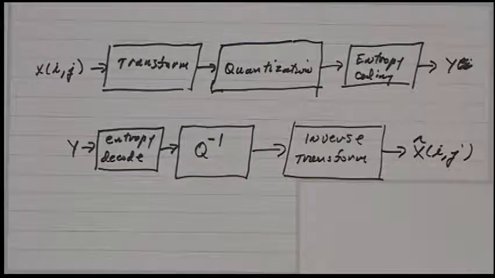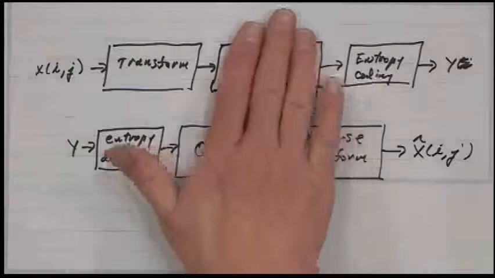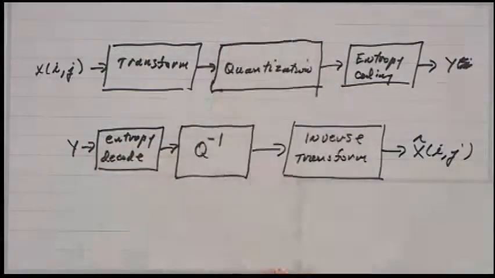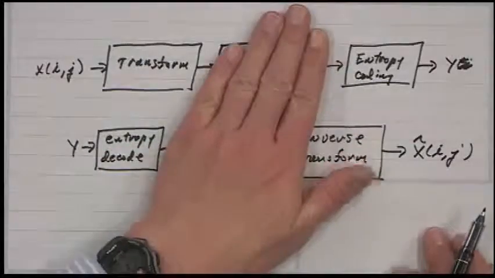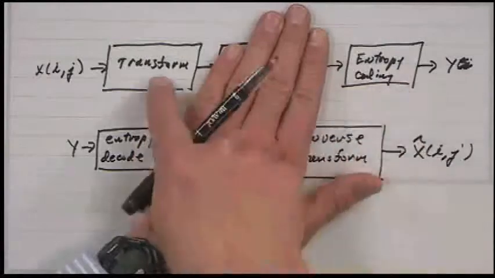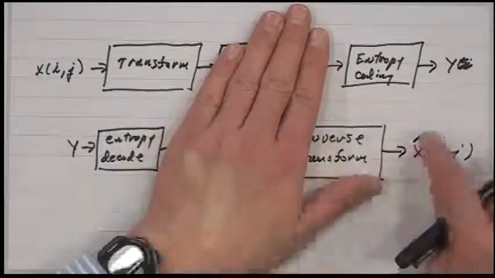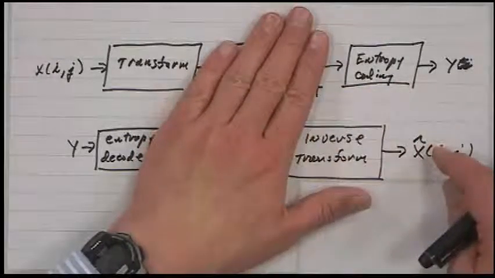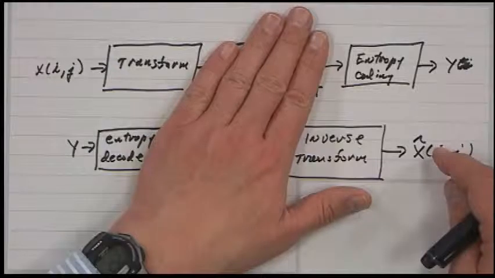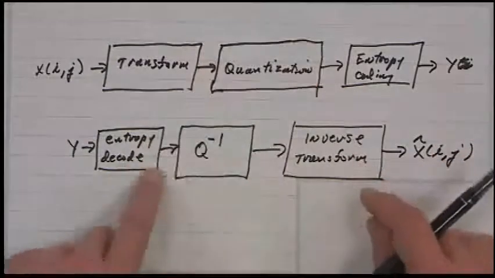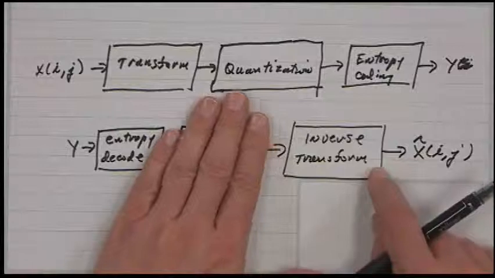So if you eliminate the quantization and the inverse quantization, so if you just entropy code the transformed image, then you get what's often called nearly lossless. And the reason it's called nearly lossless is very often the transform isn't perfectly invertible.